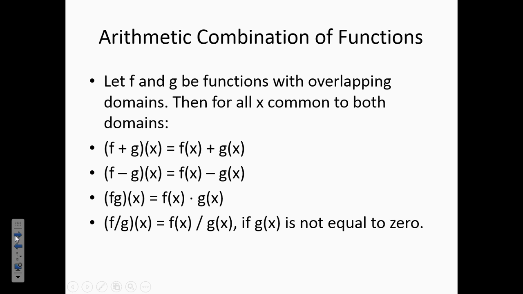The combined f plus g of x, the combined function, simply means that you take the f of x and you add it to the g of x and you combine like terms. If x is squared, you combine your x squareds. If you have plain old x's, you combine those. If you have constants, you combine those.